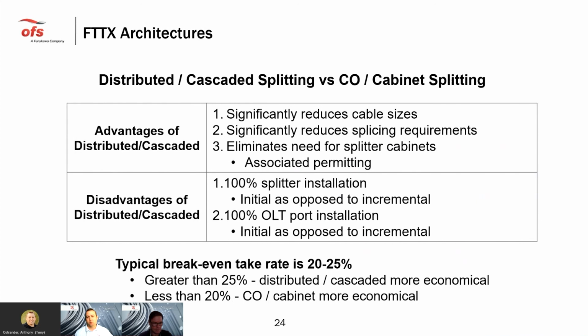So a lot of times you can have issues negotiating where those cabinets are going to get located, and this alleviates the need for those. And then the disadvantages: you've got 100% splitter installation up front, and then you've got 100% utilization of your OLT ports back in your CO. All right, next slide.